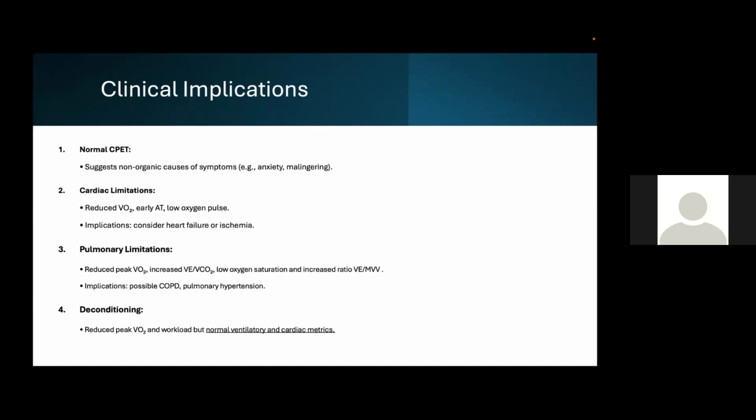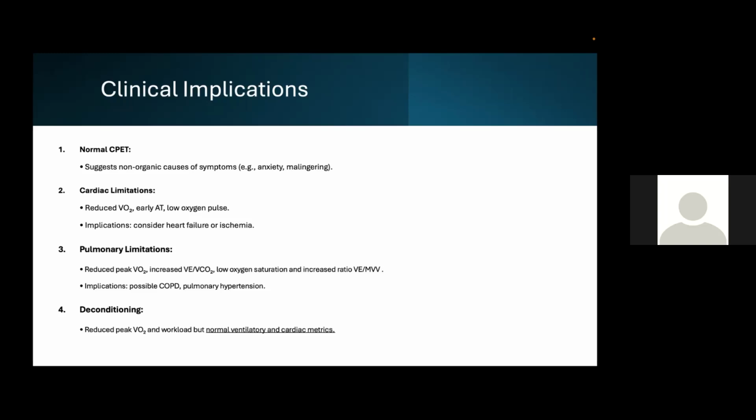So, the clinical implications from the CPET report. After we review the most important parameters, I cannot discuss all the parameters in the CPET, but I will give you the most important ones that are commonly seen in the CPET report. At the end of the report, we can have four categories.